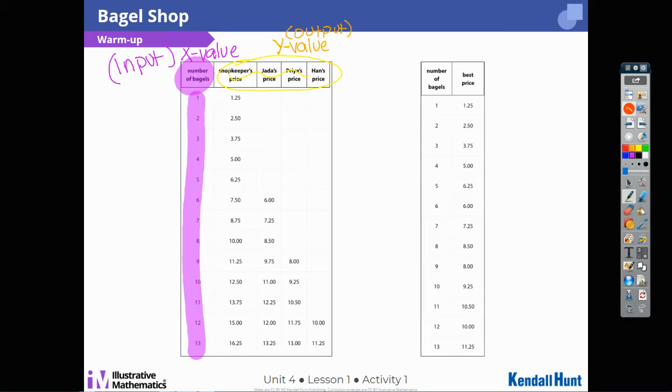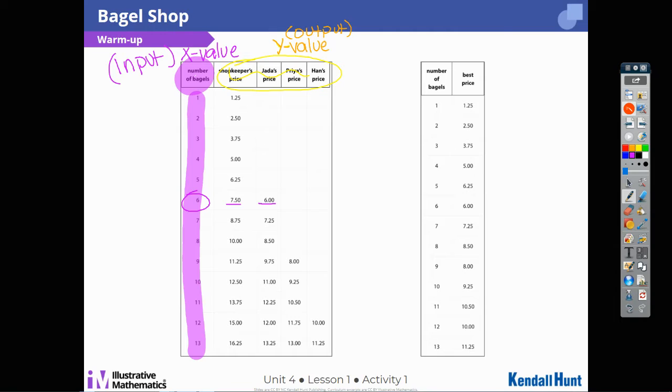So for our input, if I'm wanting to buy a specific number of bagels, like 1 bagel, I know I'm going to pay $1.25. 2 bagels, $2.50. 3 bagels, $3.75. But when I get down here to 6 bagels, I now have 2 prices. If I buy 6 bagels at $1.25 each, I'm going to pay $7.50.